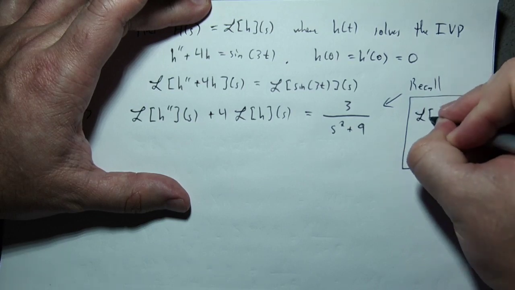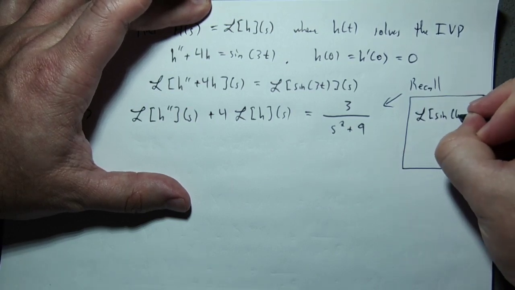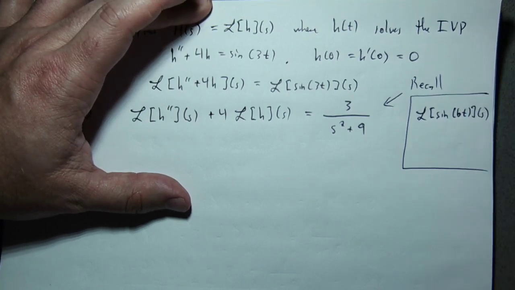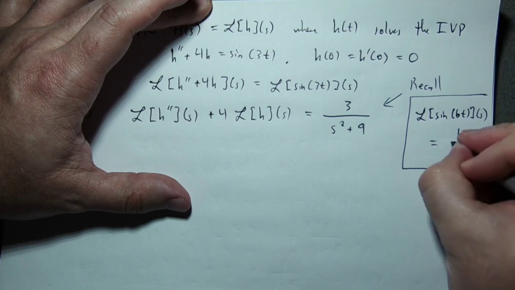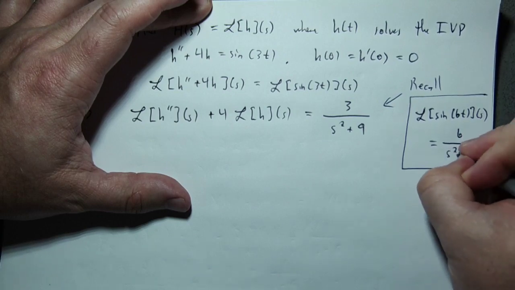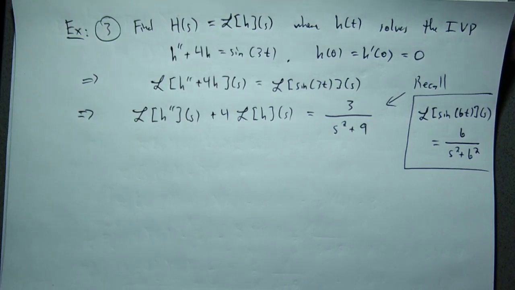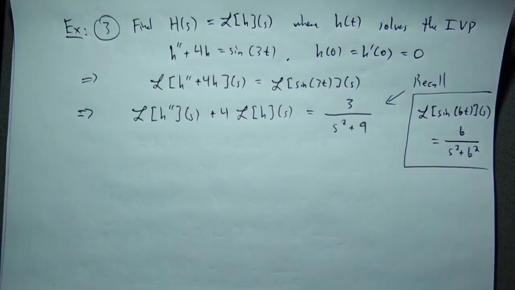So the Laplace transform of sine of bt, that's a b, not a 6, of s is equal to b over s squared plus b squared. All right, this is either directly from the table or directly from what we computed last time.